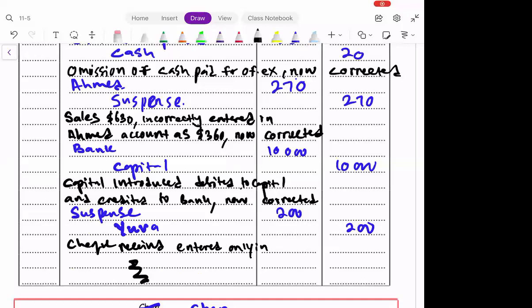Here the space is not enough, so we have no choice. We need to write long until here. Okay, cheque received entered only in bank. Now corrected. Understand? Okay, next one. Last one.